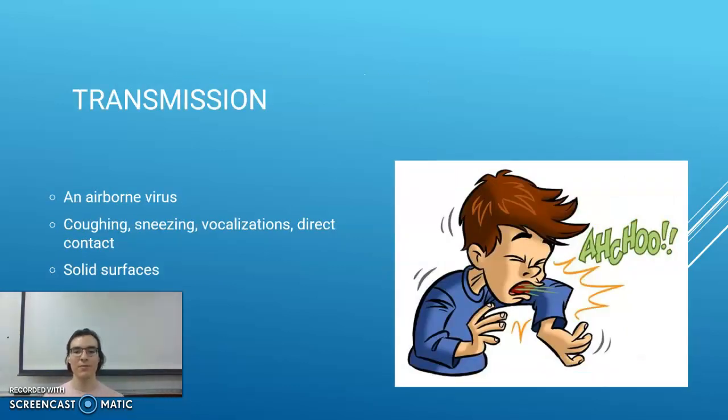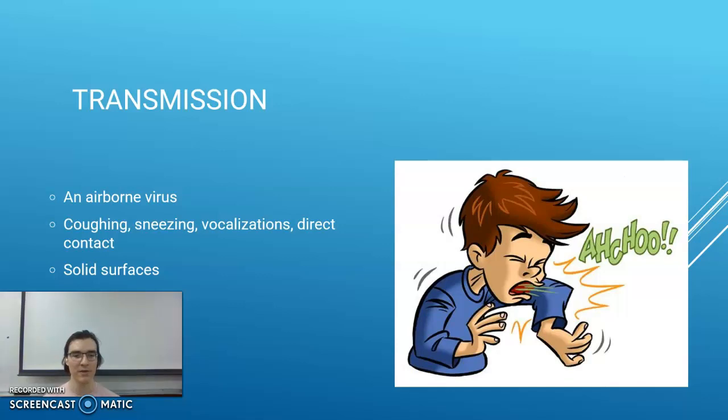So there are a few methods of transmission. As I mentioned before, RSV is an airborne virus, so it can remain in the air for quite some time, I believe up to 2 hours. And how it gets in the air can be due to coughing, sneezing, or vocalizations. There's another method of transmission, and this can be through direct contact.